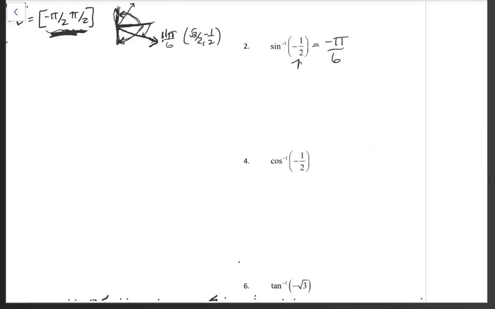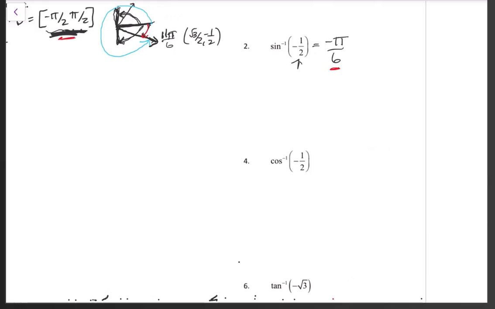So we don't want our rotation to go in the counterclockwise direction from the positive x-axis all the way over to that terminal side. We want the angle that goes in the clockwise direction but still gives us that same terminal side. That gives us an angle which fits in that allowed interval.